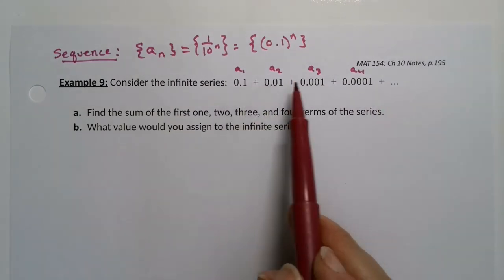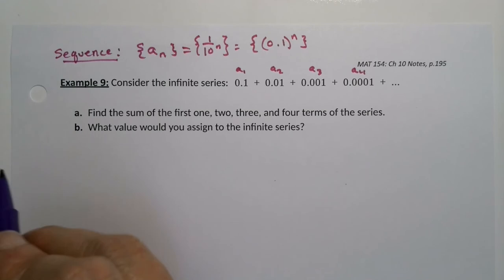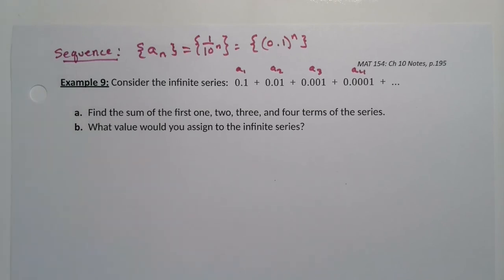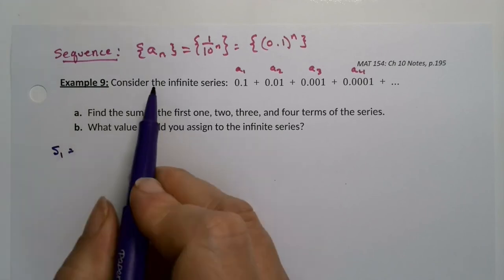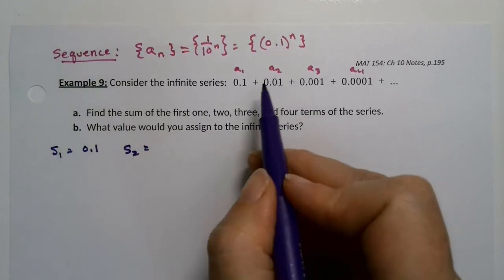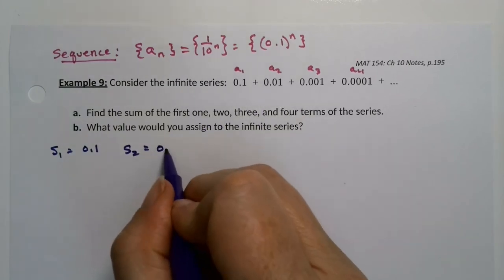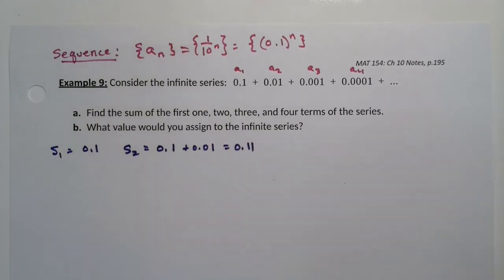So sequence is the individual numbers. The series is when you add them up. For part 1, they just want us to add them. That's all they want us to do, so that's no problem. S1 is the first one, which is 0.1. S2 would be adding the first 2, which is 0.1 plus 0.01, which would be 0.11, rather obviously.